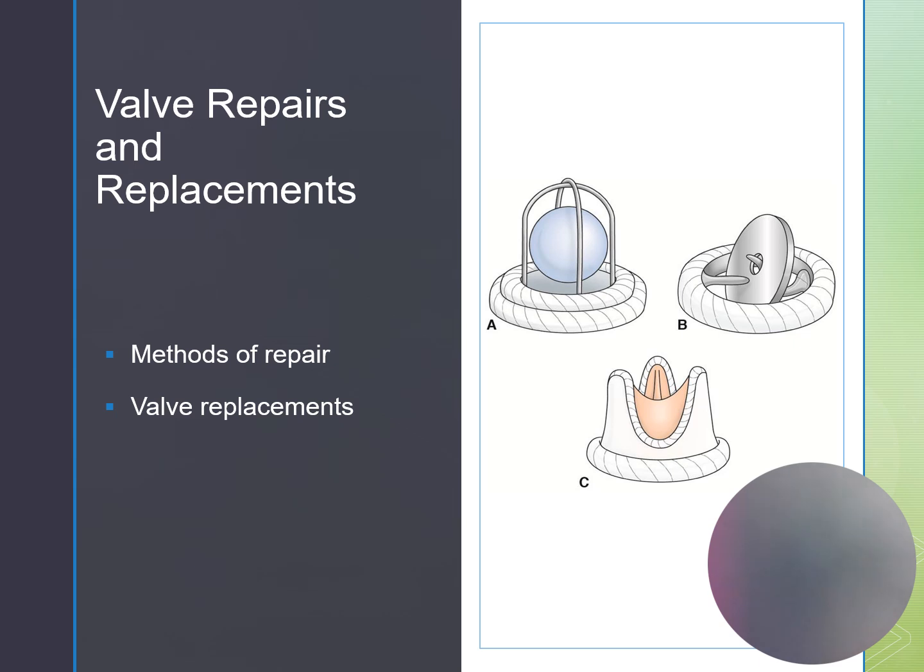Again, we can replace the valves. We can do it with a mechanical valve, and there are pictures in your slide that show that, or a bioprosthetic valve. One of the creatures that we can obtain some of these biovalves from would include pigs, because human and pig really have a very similar tissue makeup.